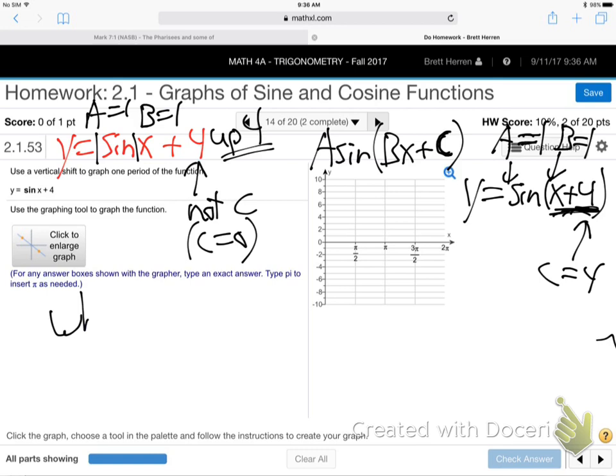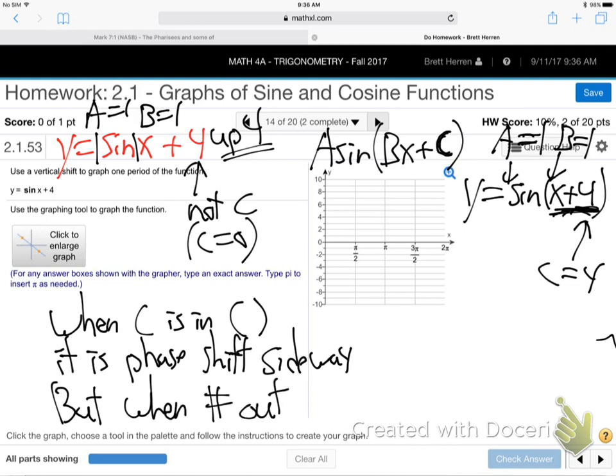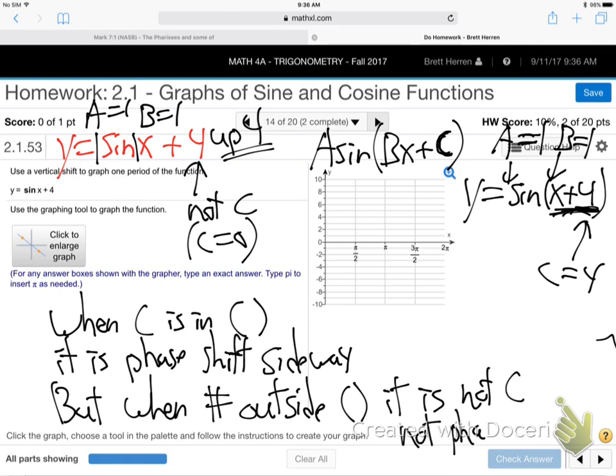Let me write it clearly. When C is in the parentheses, it is a phase shift, sideways, horizontal, right? But when the number is outside the parentheses, I won't call it C because it's not technically C. It is not C and it's not a phase shift.